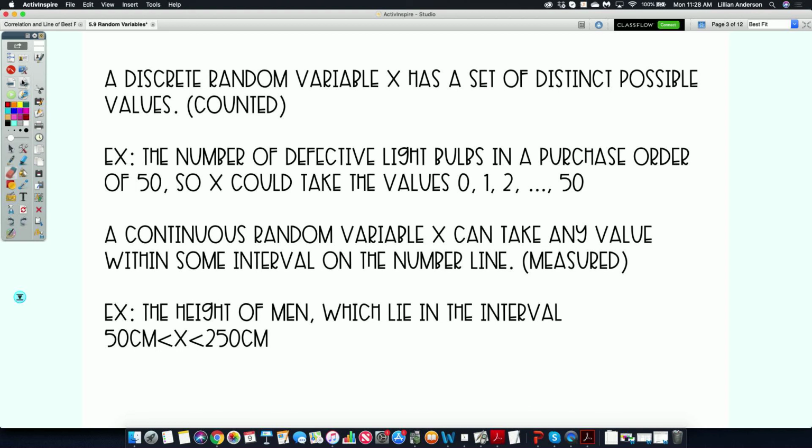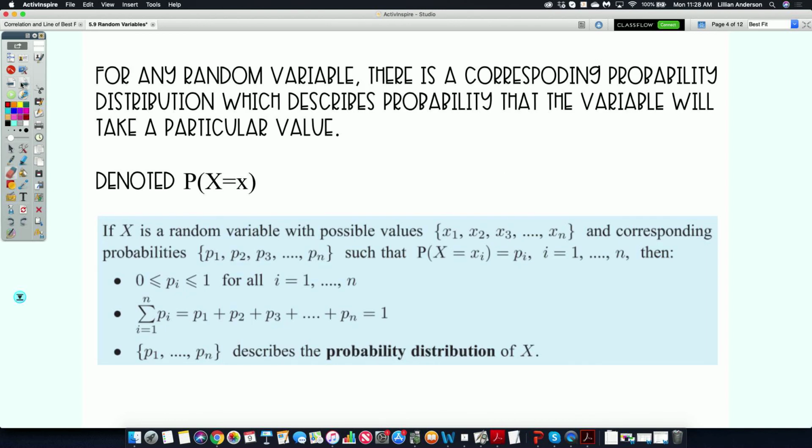The number of defective light bulbs would be an example of discrete. Heights of men in the room, continuous. Now for any random variable, there's a corresponding probability distribution which describes the probability that the variable will take a particular value.